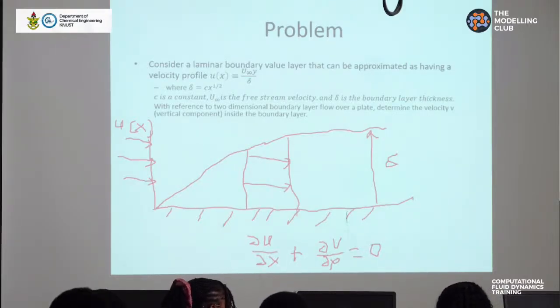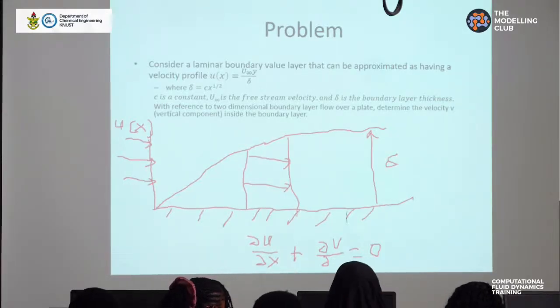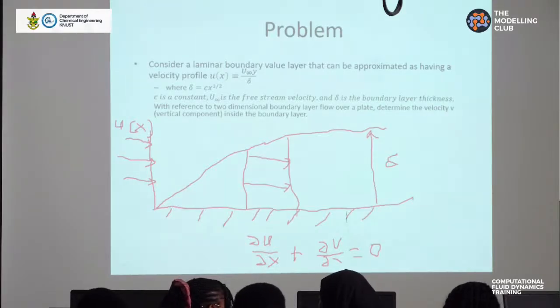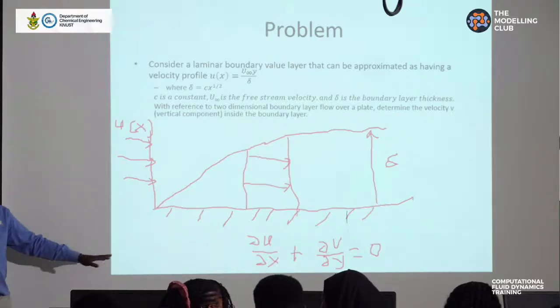Okay, du dx plus dv dy has to equal 0. Are we clear?